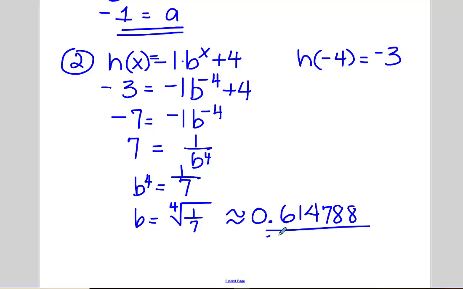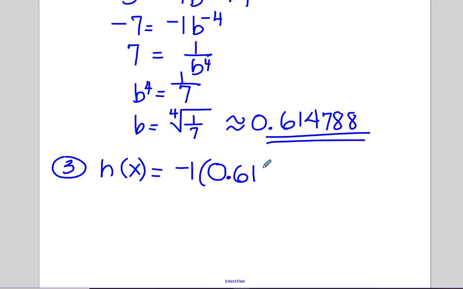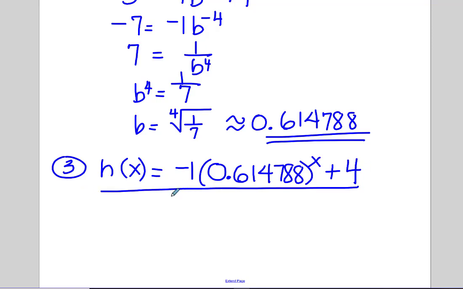I have this value for my b value. That tells me that our equation following that model, with a being -1 and b being 0.614788, is -1 times 0.614788 to the x power plus 4, and the horizontal asymptote was 4. This should be our equation.